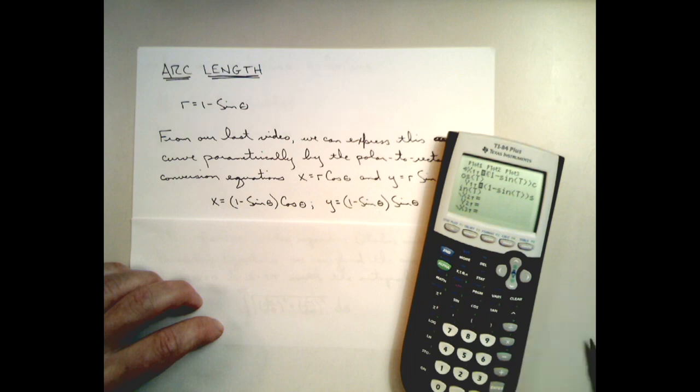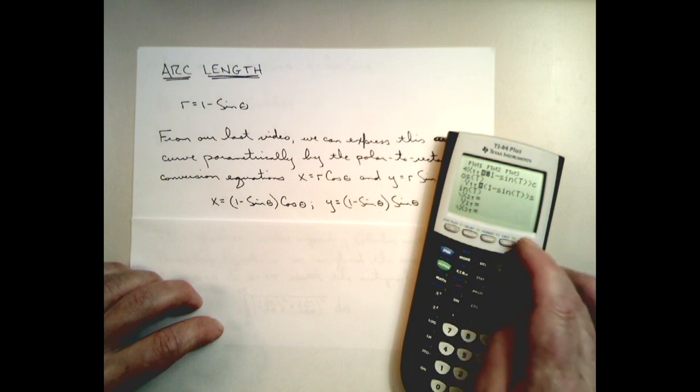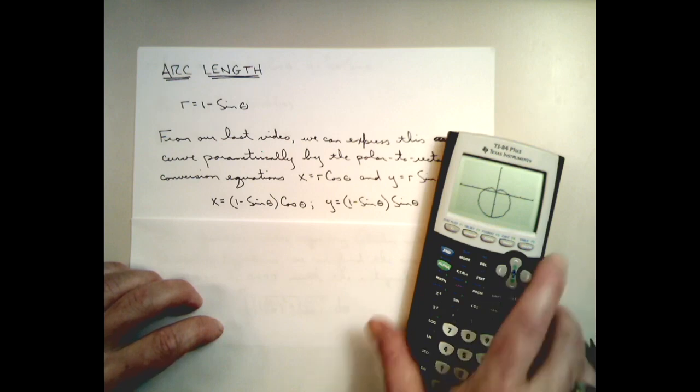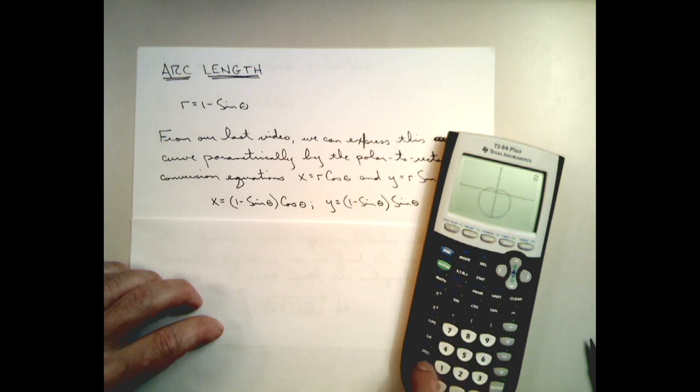That's completely unimportant. It doesn't matter what we call our parameter. And the calculator is defaulting to the variable t. And whenever I graph it, sure enough, it sketches the graph that we're working with. It sketches our heart. So I encourage you to play with that a little bit, just for fun.